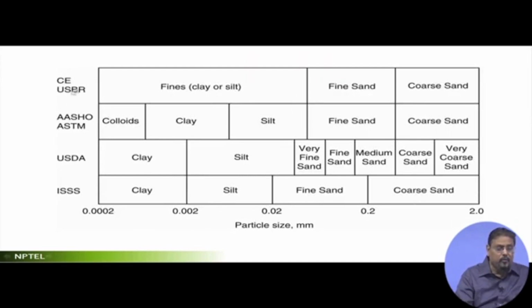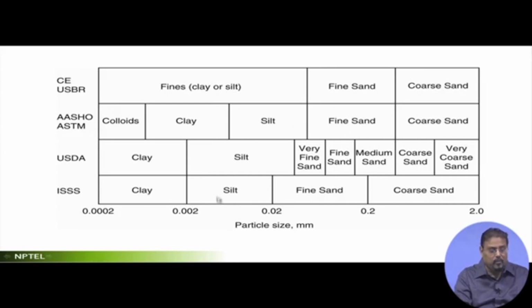There are different kinds of classification of this texture by different agencies. Let me see with respect to this. Basically, coarse sand is the big size, which is 2 millimeter. Most often the coarse sand that you use for buildings or anything else is 2 millimeter. When it is less than 1 millimeter and a little higher than 0.02 millimeter in particle size, that range will be called fine sand.